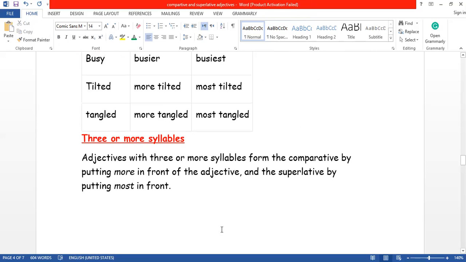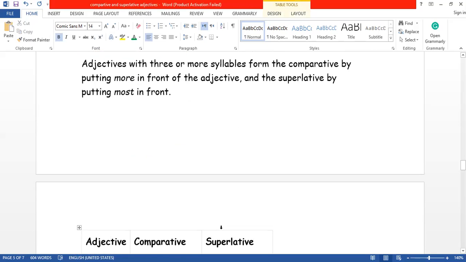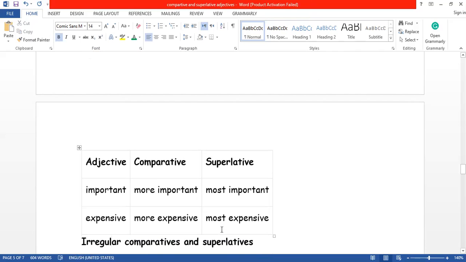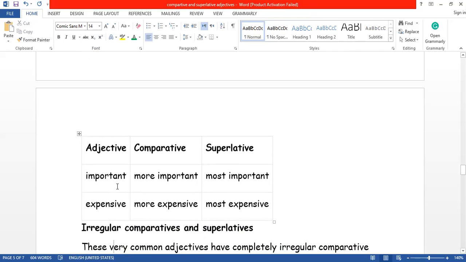We add more and most, like the following: important, more important, most important; expensive, more expensive, most expensive. So I want you to notice, if we want to say the word more in a British accent, it's more, more.